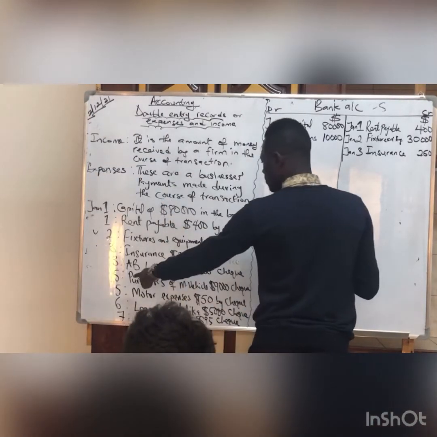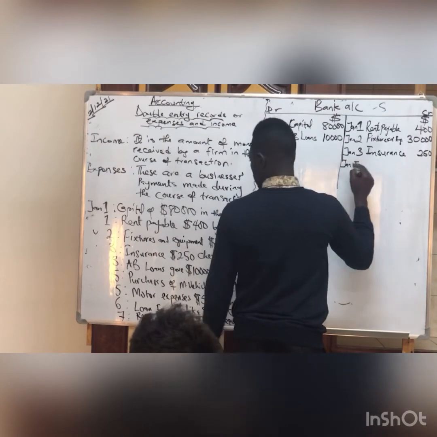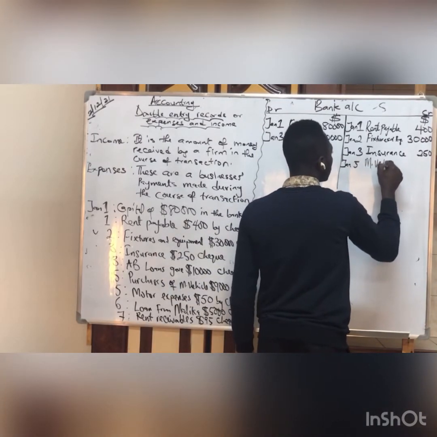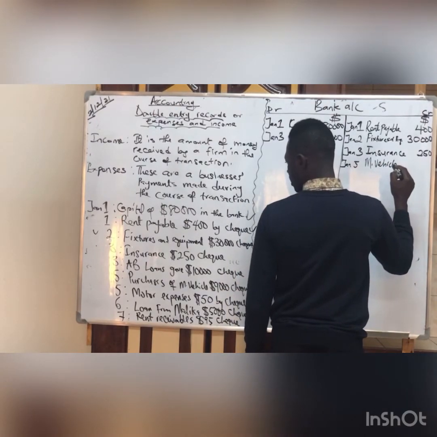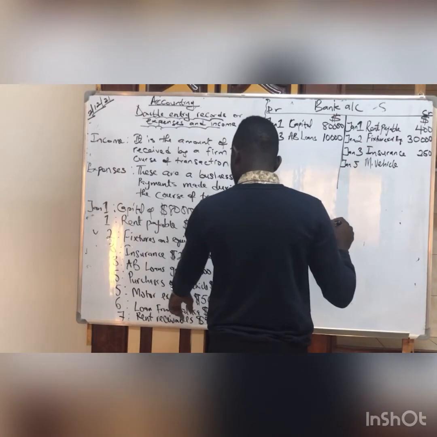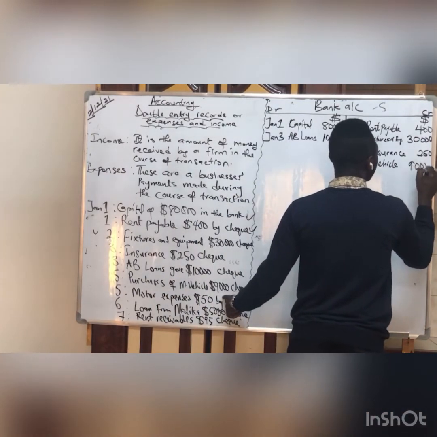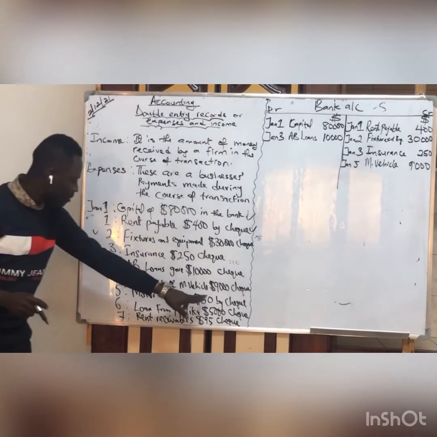So on the 5th of January, what was paid for? Motor vehicle. How much is it? 9,000. Motor vehicle, paid for. It's a motor vehicle. It's an asset.